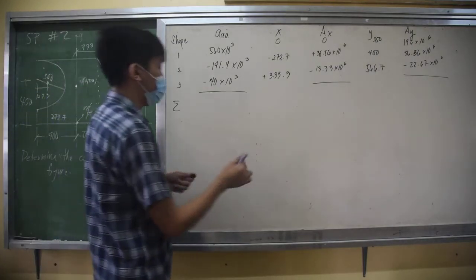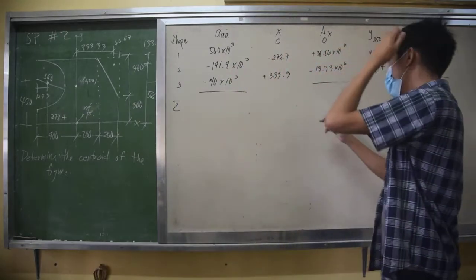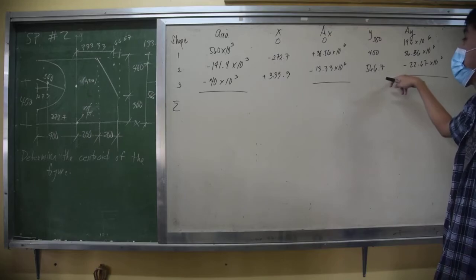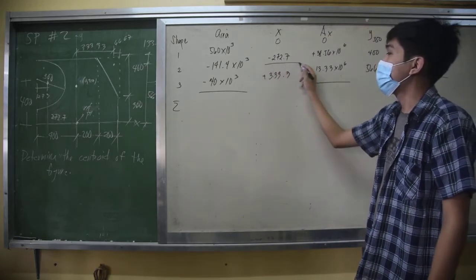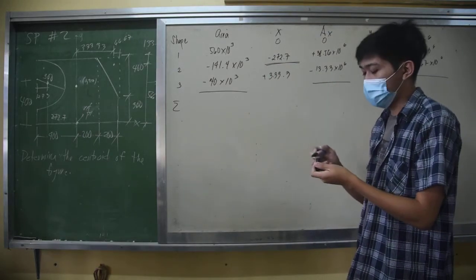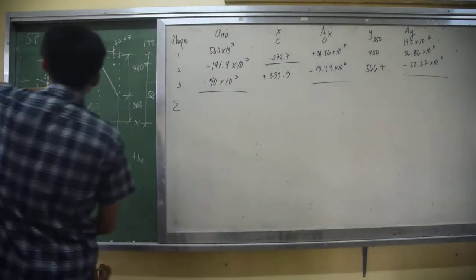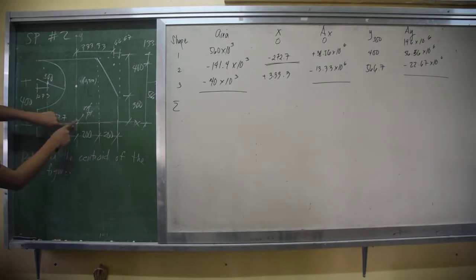Kaya negative yan. Ngayon, ito, yung mga x and y values naman. Nagtataka kayo, bakit negative 272.7 to? Kung pagbabasayan natin to, yung reference point natin, sabihin natin ito na yung origin sa x and y plane natin.